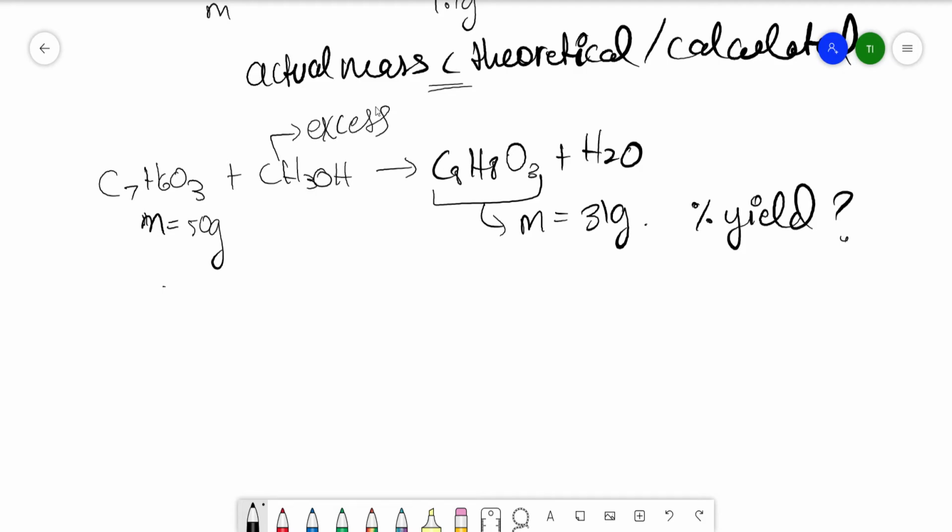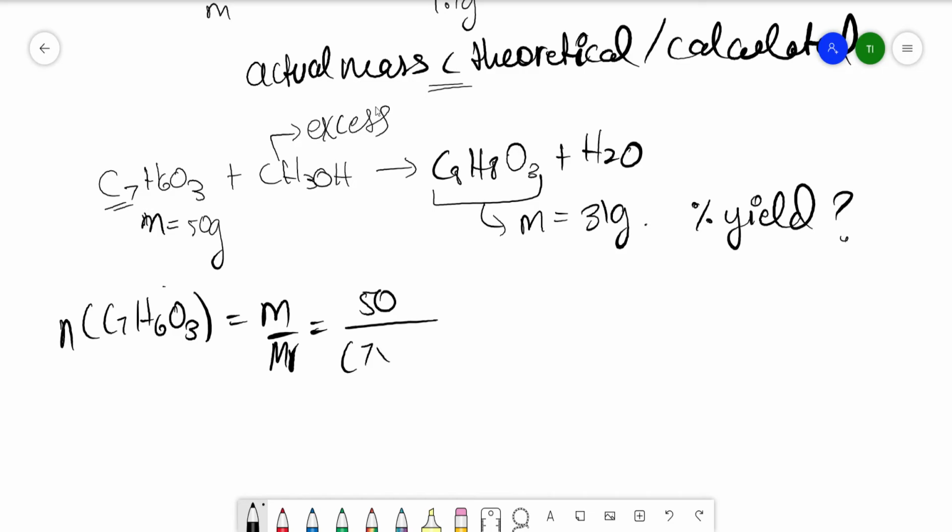So first, because this is the limiting reagent, everything happens in accordance to this. Okay, so the moles of C7H6O3 is mass divided by Mr, which will be 50 grams divided by 7 times 12 plus 6 hydrogen plus 16 times 3.